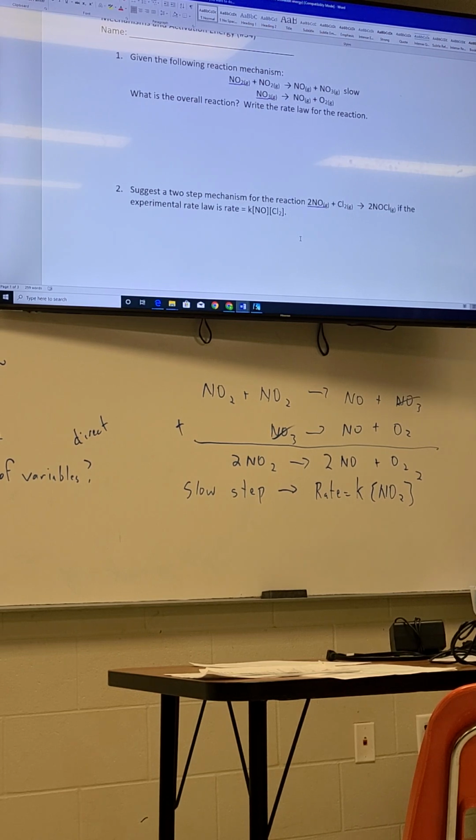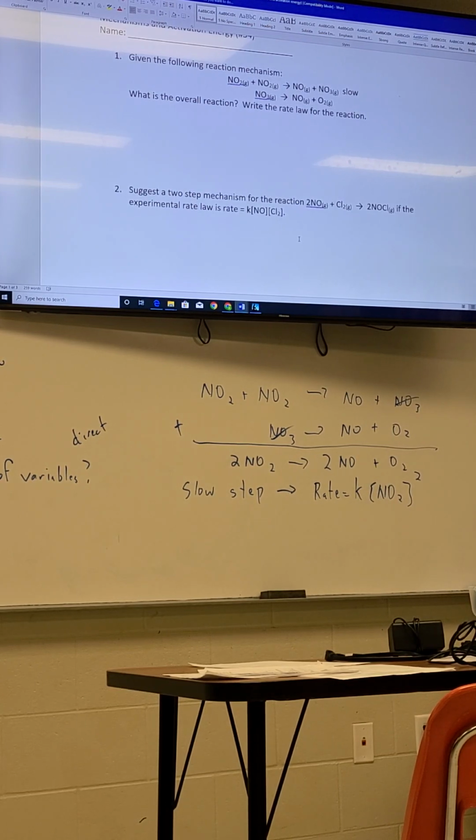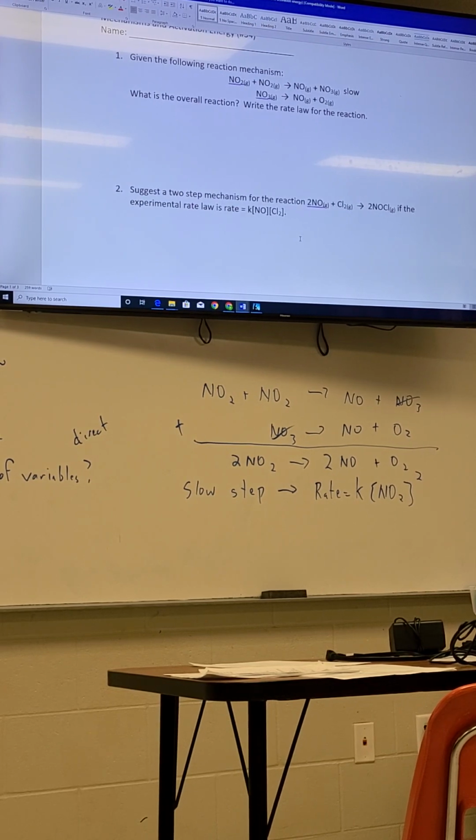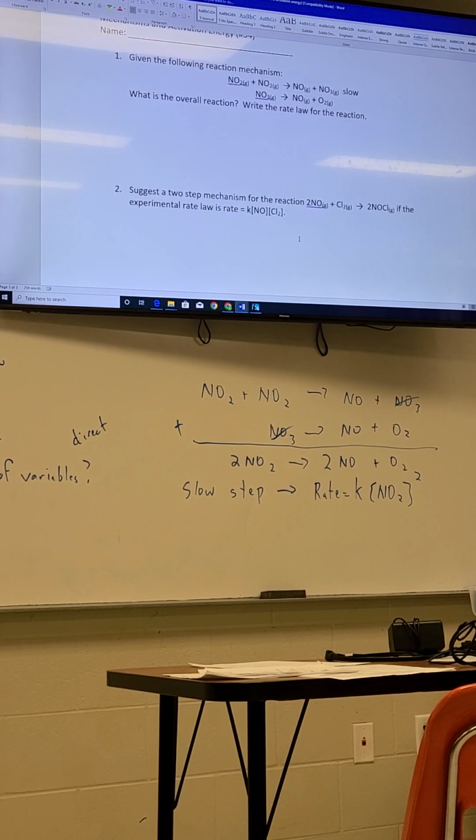So that's your rate law right here. So we just take the reactants in the slow step. Reactants in the slow step, that's it. Probably want to write that down somewhere too. And our exponent is however many we have.